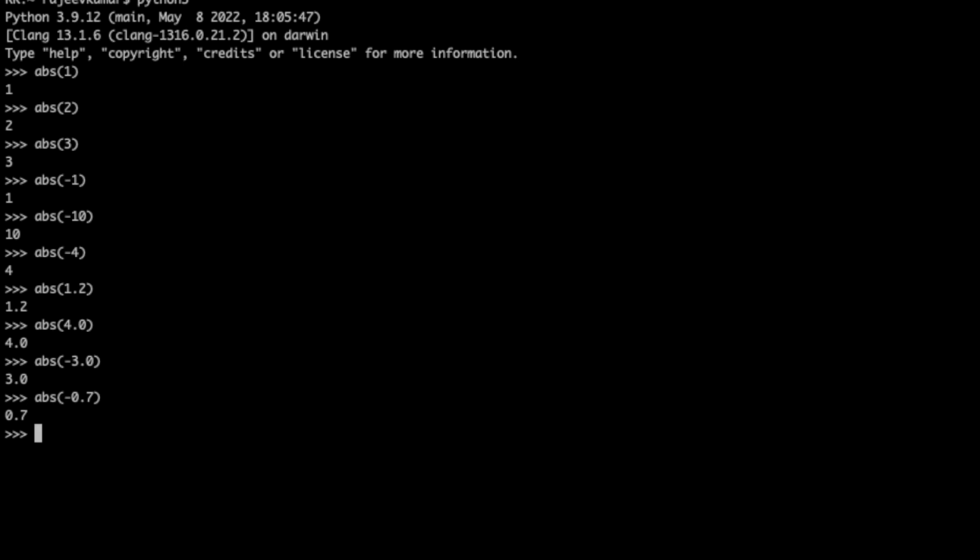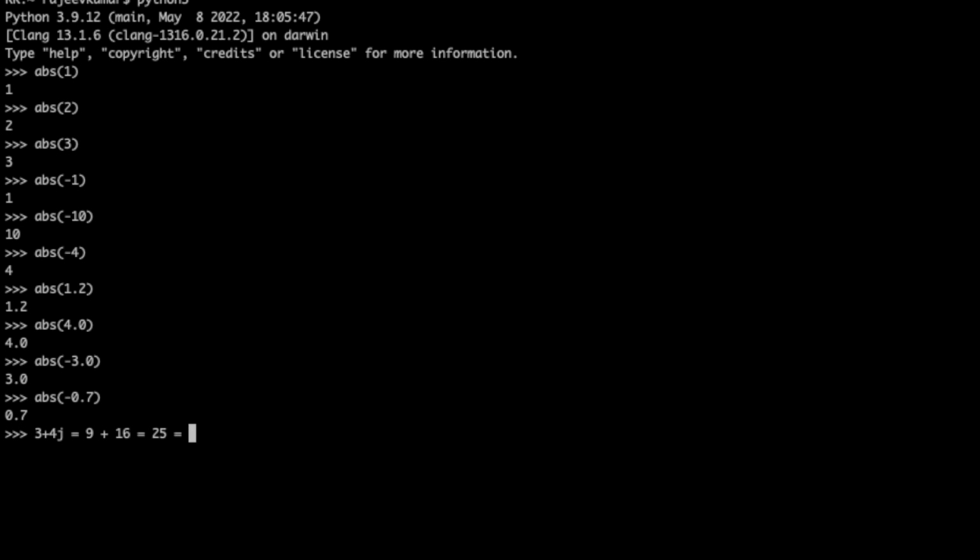For example, if our complex number is 3 plus 4j, its magnitude will be the square root of 3 squared plus 4 squared. That is 9 plus 16, which is 25.